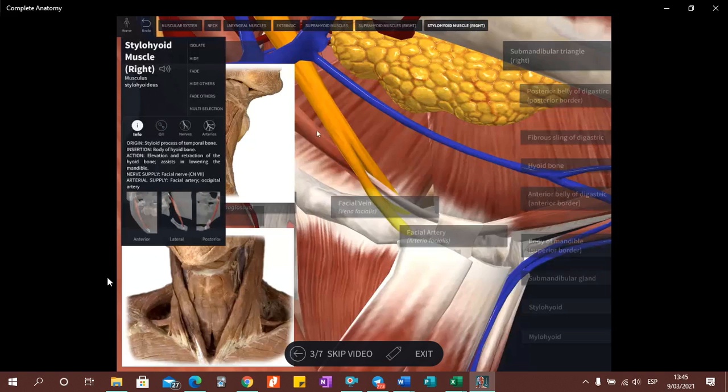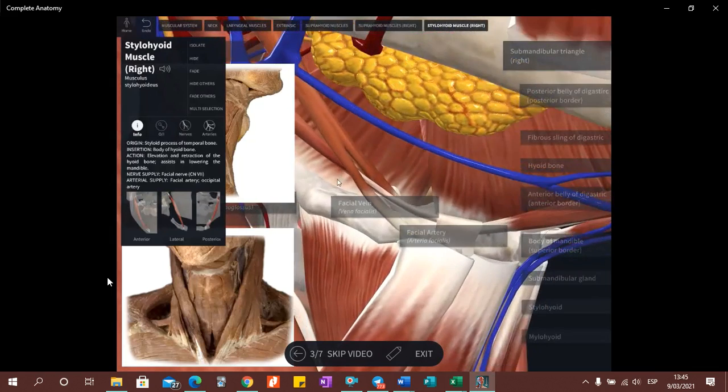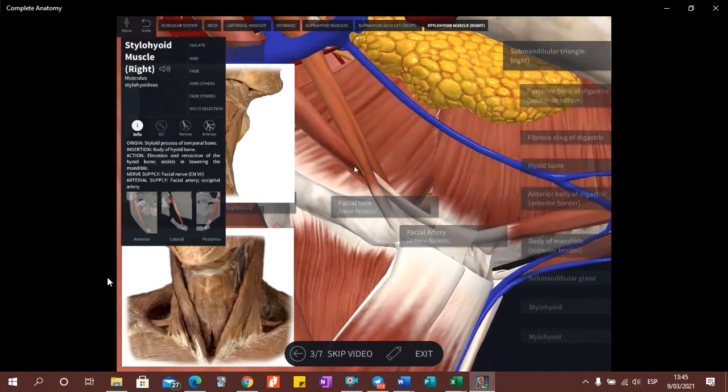The stylohyoid is interesting because it splits and straddles the posterior digastric, kind of like someone riding a horse. And then its fibrous tendon attaches to the hyoid bone down here.